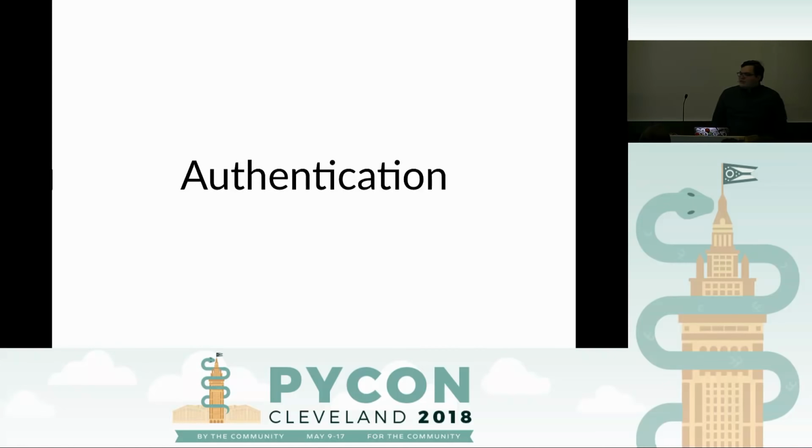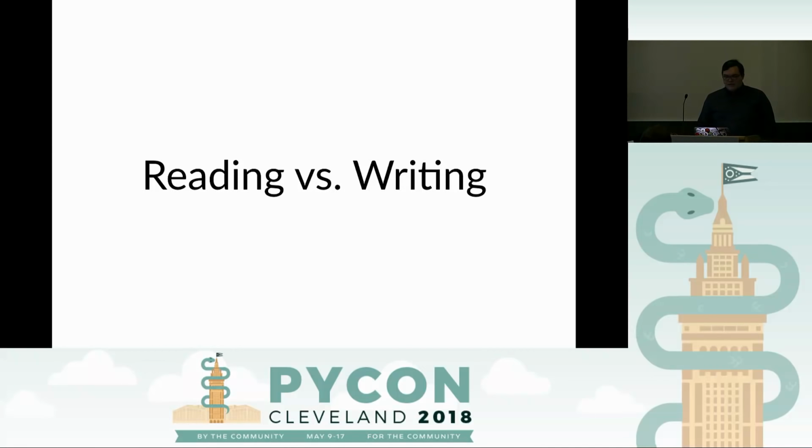Similarly to the way that Django REST Framework has lovely built-in classes for handling things like templates and rendering and fetching things from the database, it also has some lovely built-in classes for authentication. And the real way to think about authentication in an API is who do you care can read versus who do you care can write.